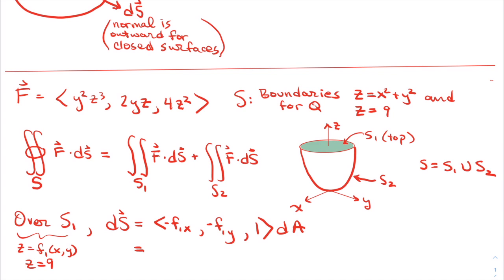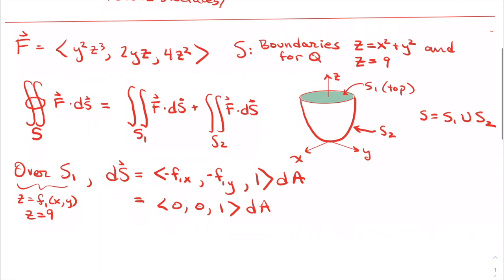Because f1 is just 9, taking partials you're going to get 0, 0, 1 dA, which is an upward pointing area differential, it just points straight up. It is in fact the unit vector k times dA, but we'll leave it like this.